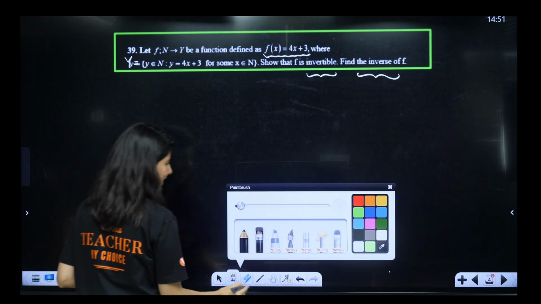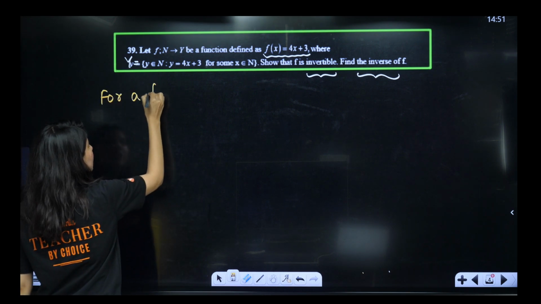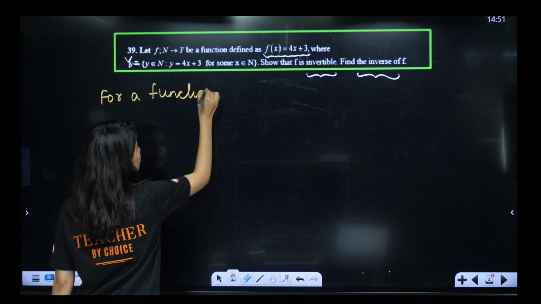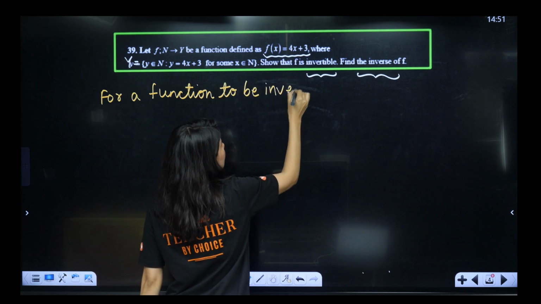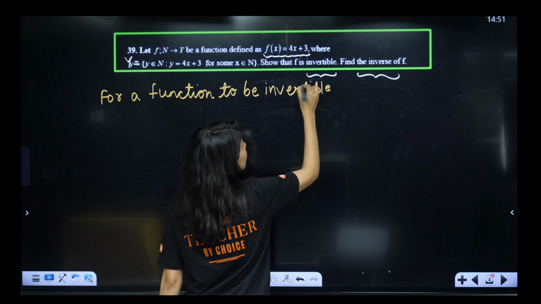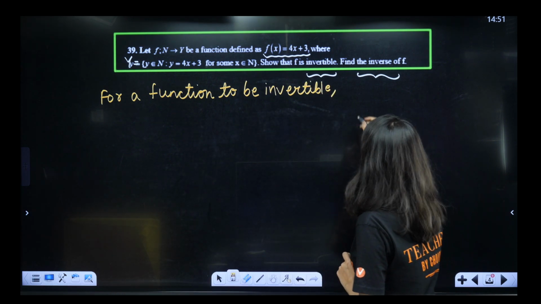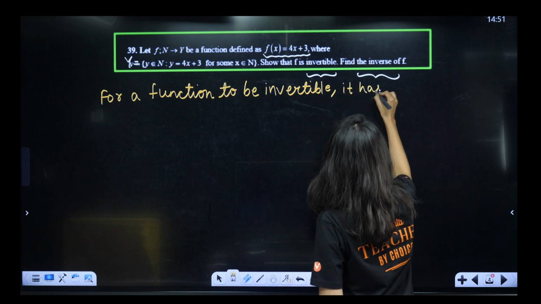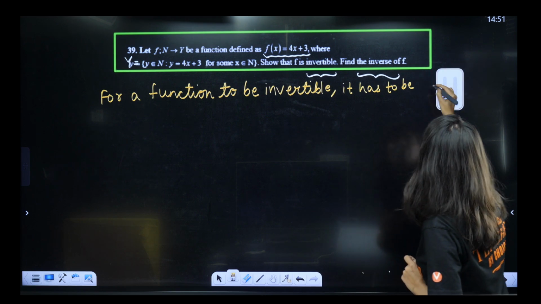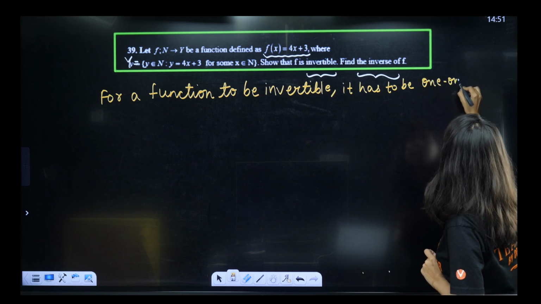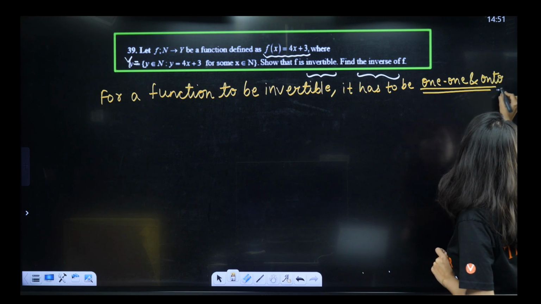For a function to be invertible, that function has to be one-one and onto.